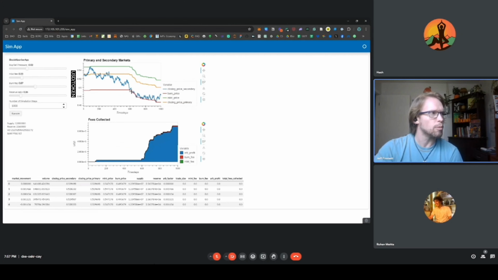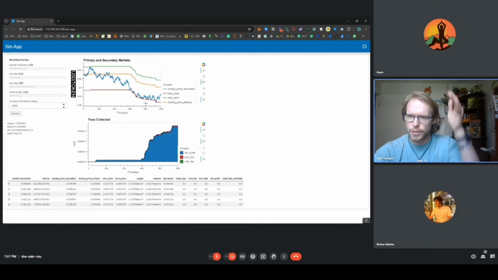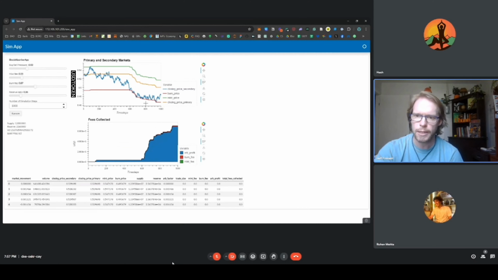The interesting thing, as Rohan pointed out, is that the burn price acts almost like a parachute. It prevents this free fall in price that can happen on centralized limit order books, if there is clearing of all of the buy orders, then the price is in free fall. This is what the primary issuance market can help to mitigate.